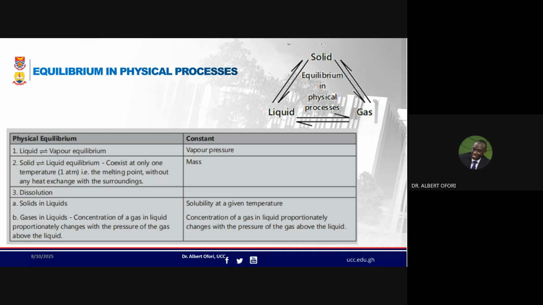So there's a similarity here where I'm trying to see how the liquid is going to be at equilibrium with a solid, where I can try to measure the mass as well. So basically, in our everyday life, we see a lot of this physical equilibrium. Every day we come into contact with it.